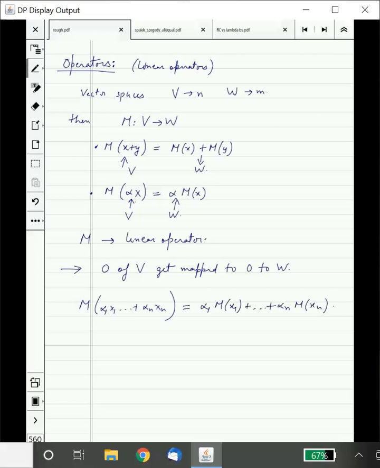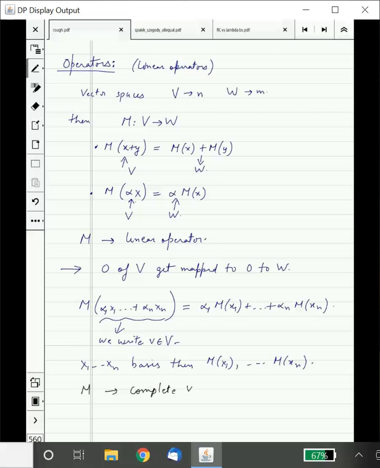Remember that this is how we write any vector v, an element of V. If x1 to xn was a basis, then it is enough to know M x1 up to M xn, and we would know the action of M on the complete vector space V.